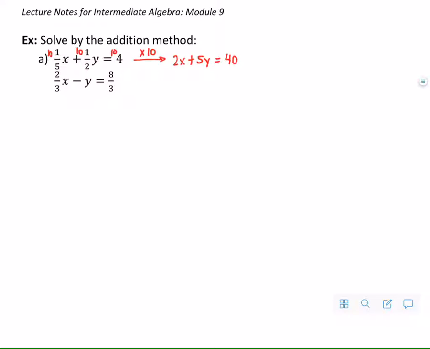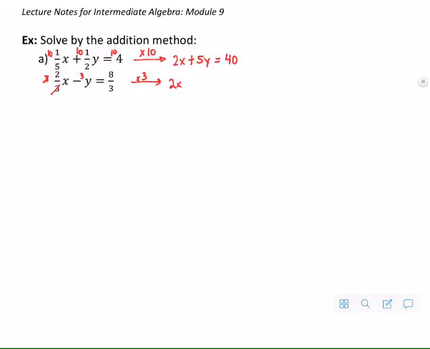All right, what would you multiply the second one by to get rid of its fractions? You got a 3, you got a 3, so multiply by, okay, so times 3. If I multiply this first thing times 3, you have 3 on top, a 3 on bottom, so you're left with 2x, because they cancel, right?